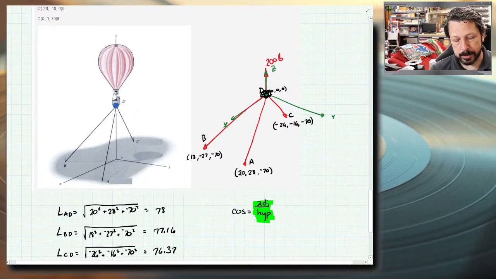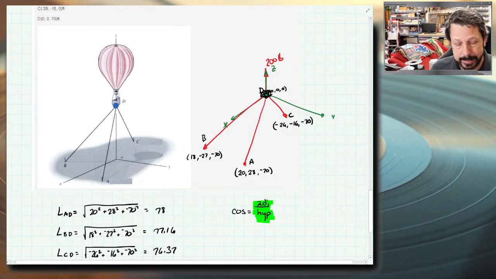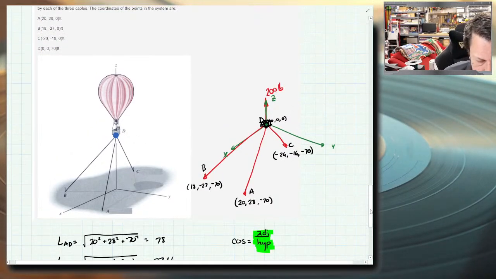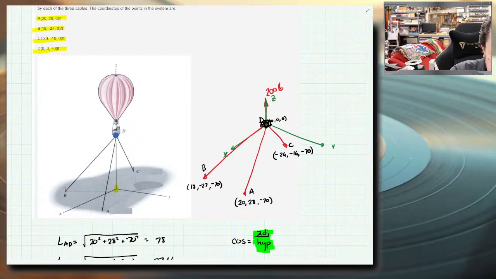This one's drawn with the origin down on the ground, but the intersection point of all the forces is up at point D. They gave me all of this, but they all reference this origin down at the bottom. So if I were measuring from here, then point C's coordinates would be negative 26, negative 16, 0, and point D's coordinates would be 0, 0, 70.